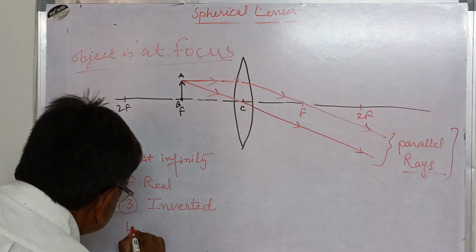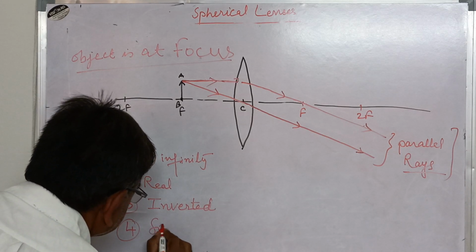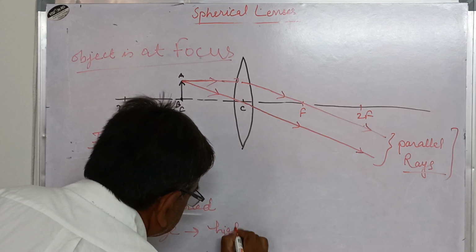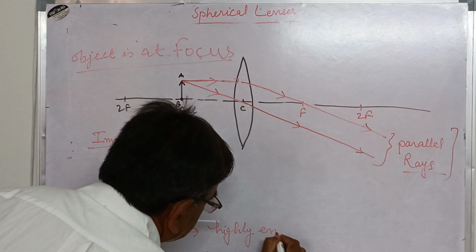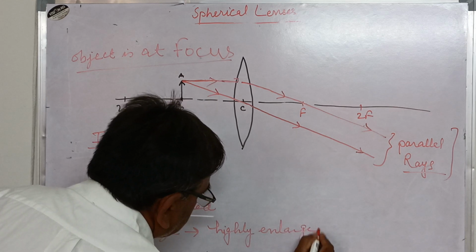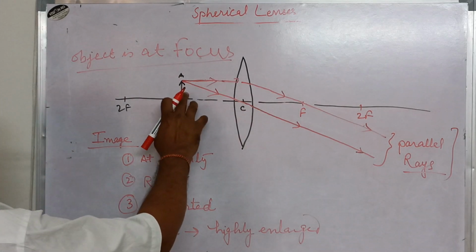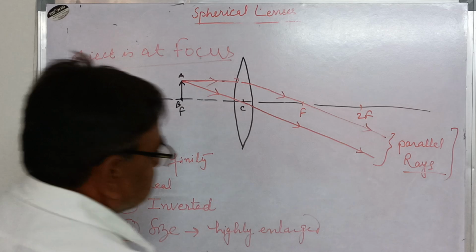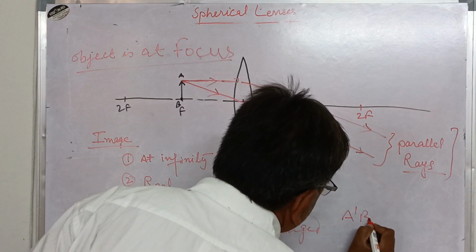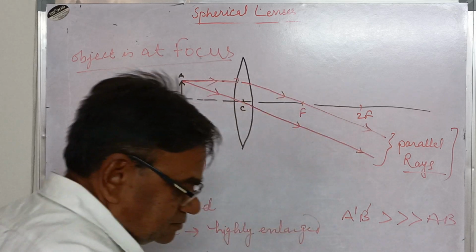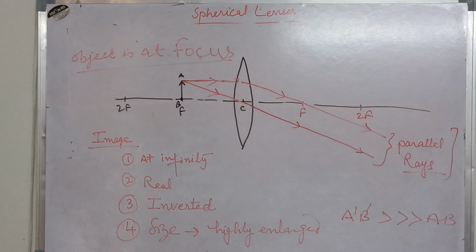And number 4, size. साइज क्या होगी इमेज की? हाईली enlarged. Highly enlarged as compared to object. Means A dash B dash will be more greater than AB. Okay, let us take the next case.